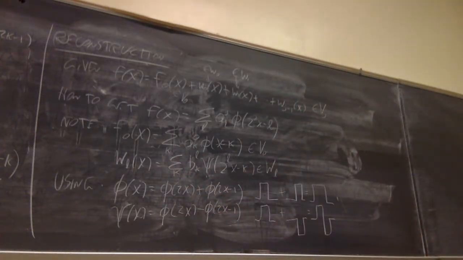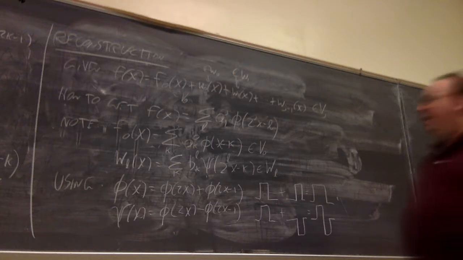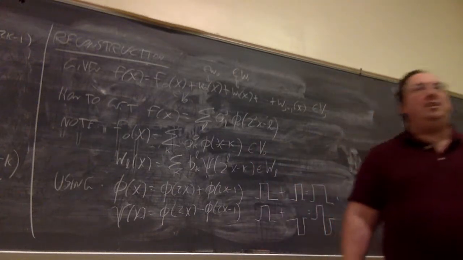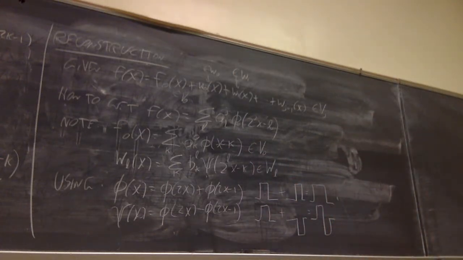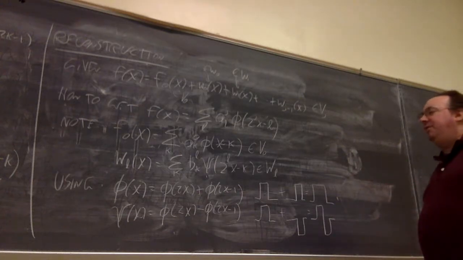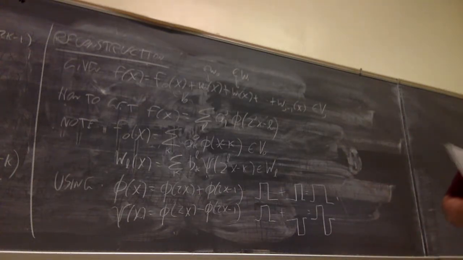So that's how we're going to do this. We're going to take f naught, which is currently expressed at the coarsest scale, and bring it down to the finest scale, one at a time, and just keep going until the whole thing is at the finest scale.